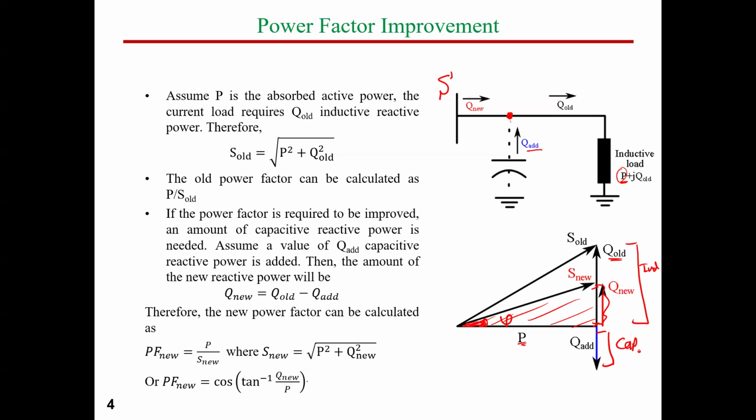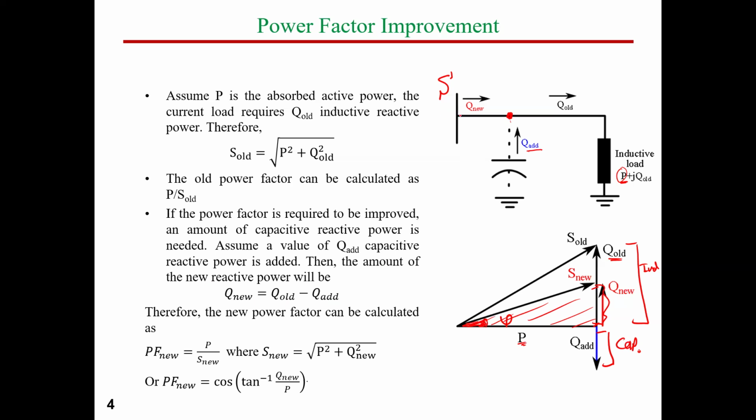My question: if you provide an amount of Q added here equal to the old amount of Q, this means your Q new would be 0. And this case means you don't have any Q absorbed from the power supply.